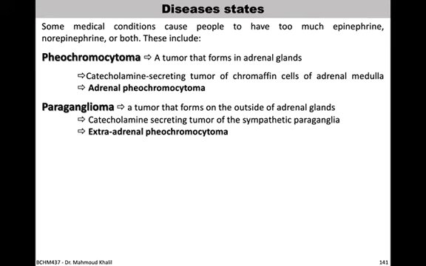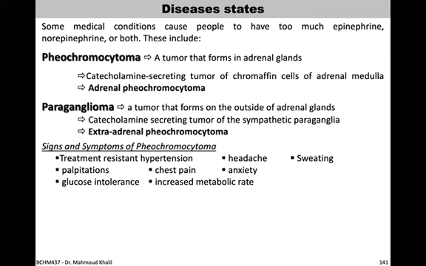So it is actually a catecholamine secreting tumor of the sympathetic paraganglia. Another name for that case is extra-adrenal pheochromocytoma, because as we said, it's outside the adrenal gland. The signs and symptoms of this disorder are treatment-resistant hypertension, headache, sweating, palpitation, chest pain, anxiety, glucose intolerance, and increased metabolic rate.